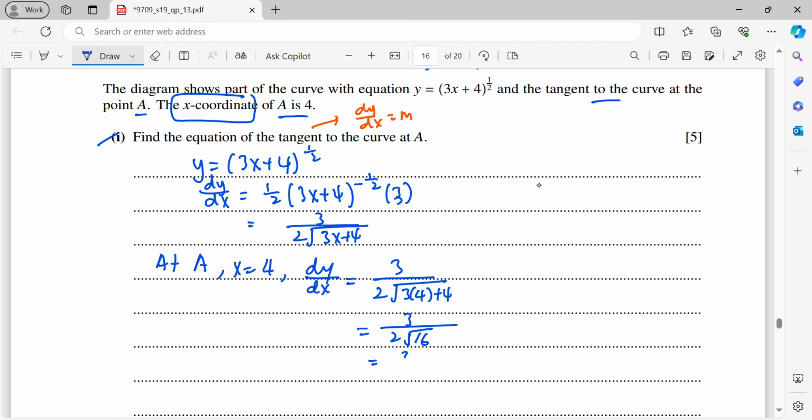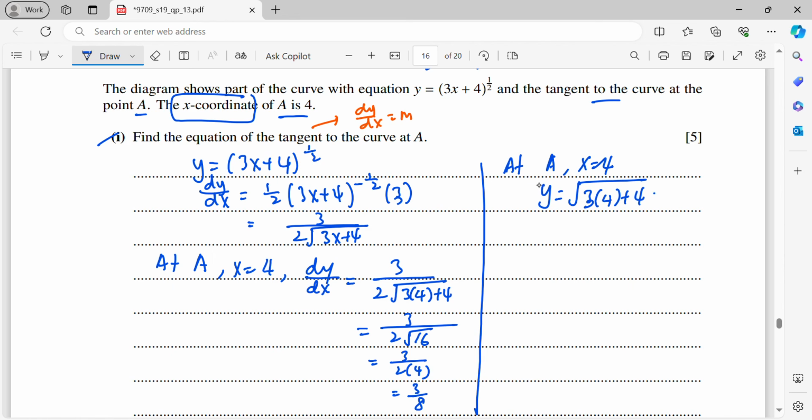I will get 3 over 2 times 4, which is 3 over 8. Now, at the same time, I need to find my y coordinate. My y is square root of (3 times 4 plus 4), the square root of 16, which is 4. So now I know that A has coordinates (4, 4).